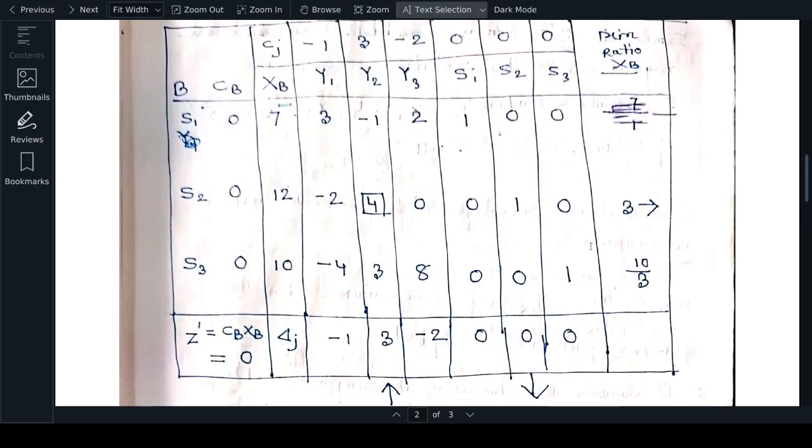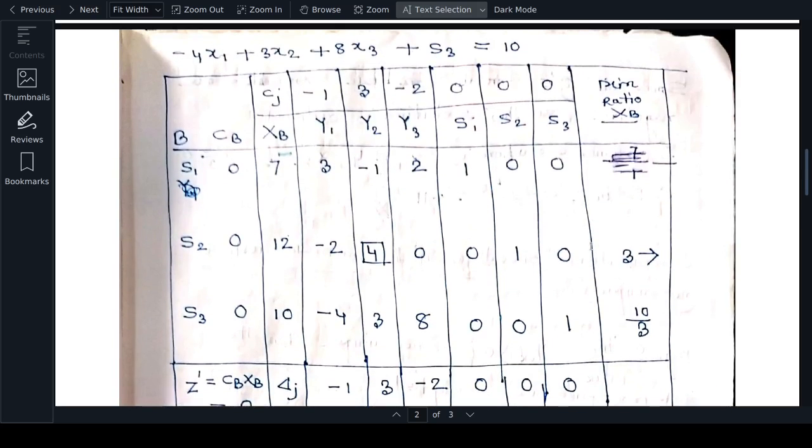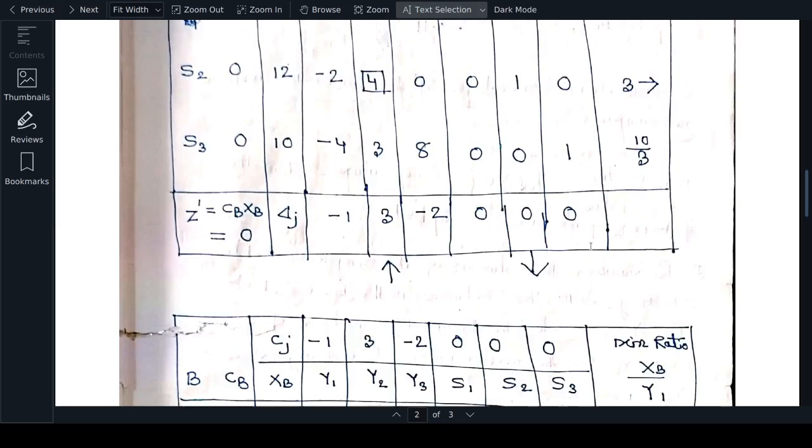Yes, good. Not 12 here, because in the 3 column, the element corresponding to 4 is -2. So after calculating, this is 5 by 2, right?